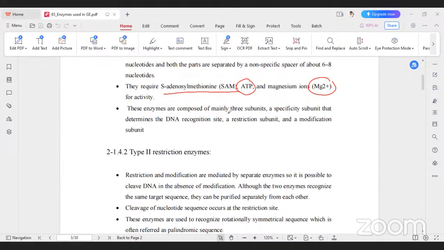These enzymes are composed mainly of three subunits, and a specific subunit determines the DNA recognition site.